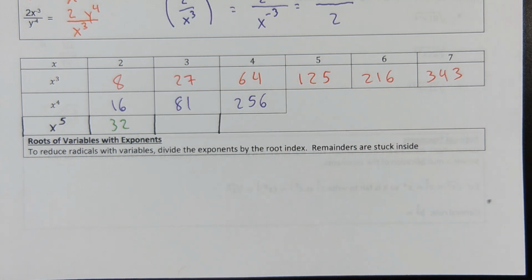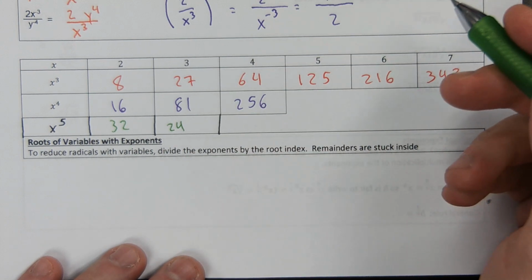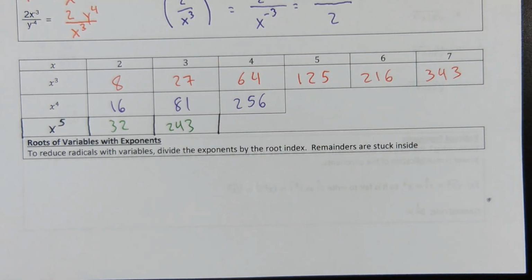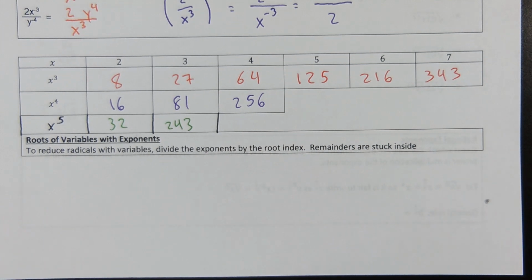You don't know 81 times 3? Fine. What's 8 times 3? 24. And 1 times 3? There you go. So I would know those numbers, super useful to you.